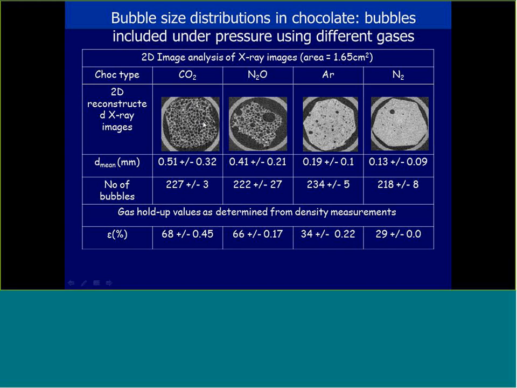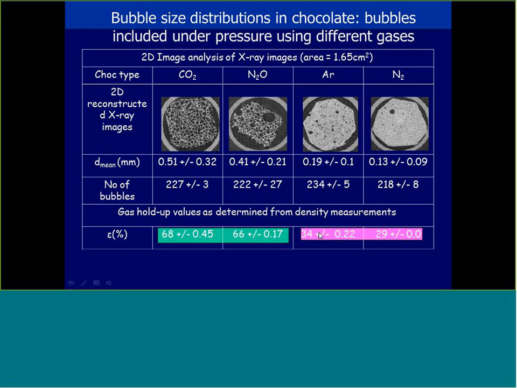Whereas with argon and nitrogen, you get fewer bubbles and smaller bubbles, and it is also evident in the holdup. In the case of carbon dioxide and nitrous oxide, you can get 68% holdup, whereas with the same chocolate under the same mixing conditions, you get half the holdup when you use argon and nitrogen.